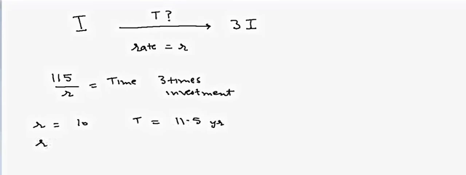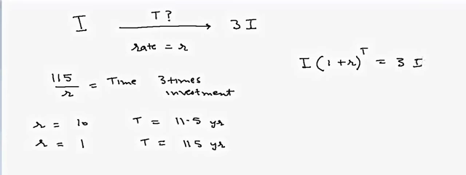If the interest rate is 1%, then time would be equal to 115 years. So why does this happen? Let's try to solve this problem with the journal approach. We have our investment I, and we multiply it by 1 plus the interest rate. Each year it is compounded, so we raise it to power t, and that should be equal to 3I because we are looking for the investment to grow 3 times.